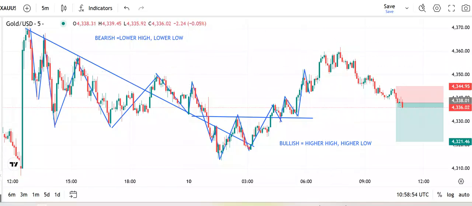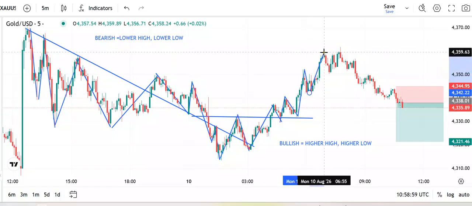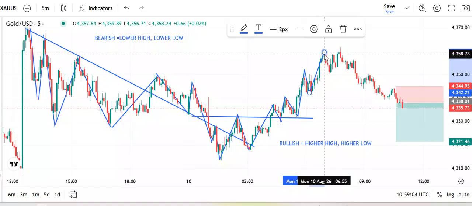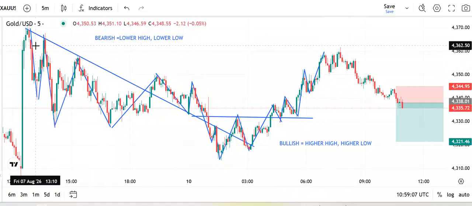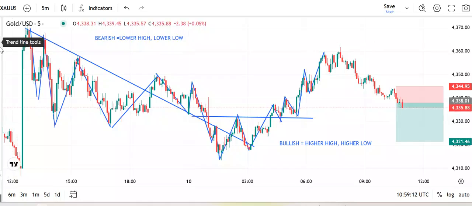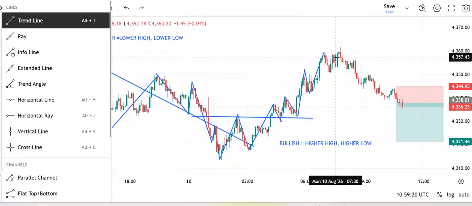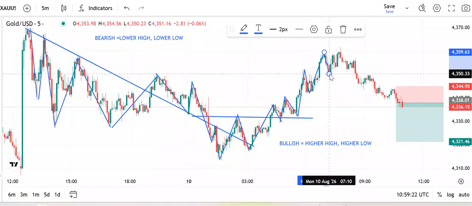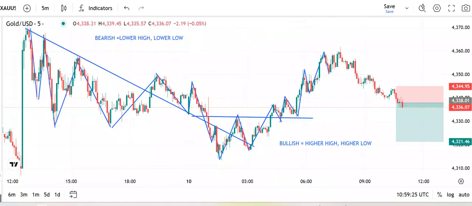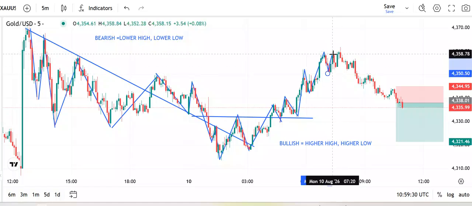Okay. Now let me continue. This higher high, higher low, higher high. And then you now have higher high, higher low, and then you have higher high or lower high.